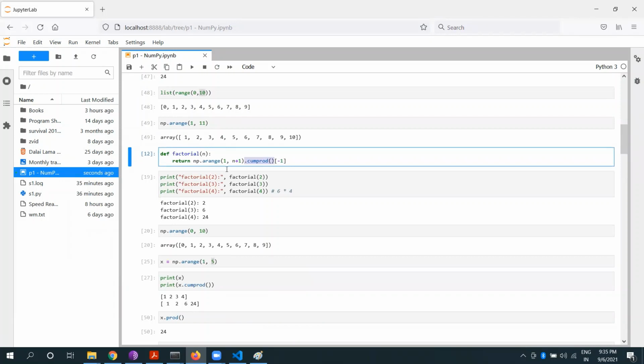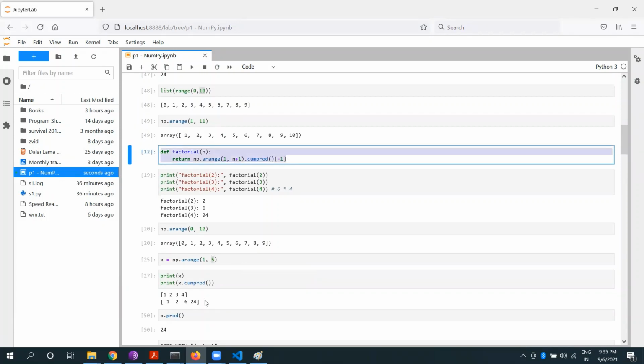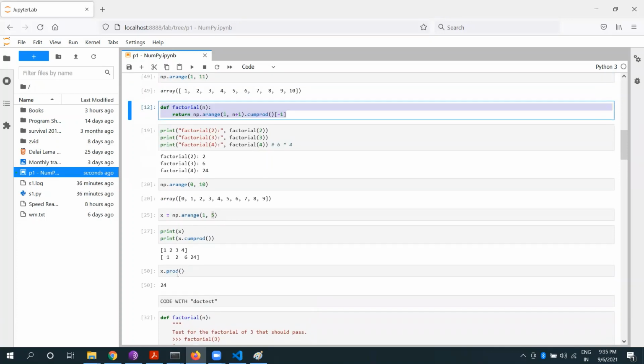If we wanted to get the factorial, we could have also done the product. I got it from the book, but instead of cumulative product, we could also do the prod, and that would also return the factorial as we are seeing over here.